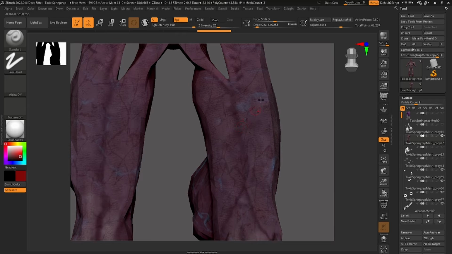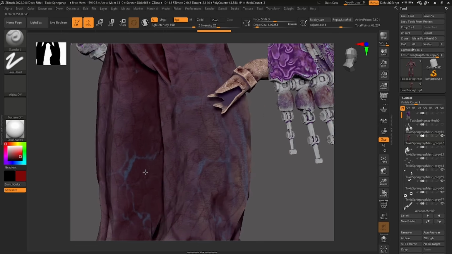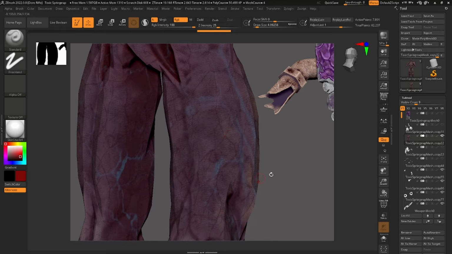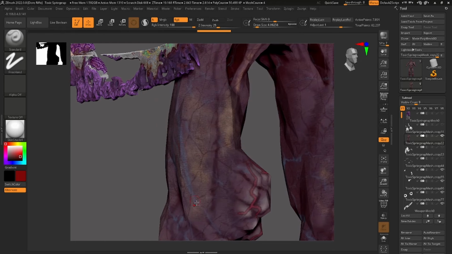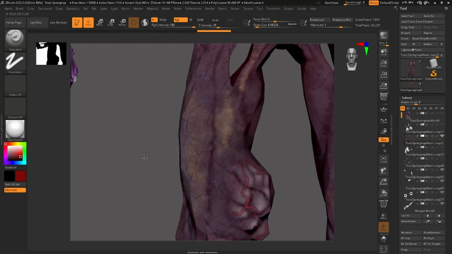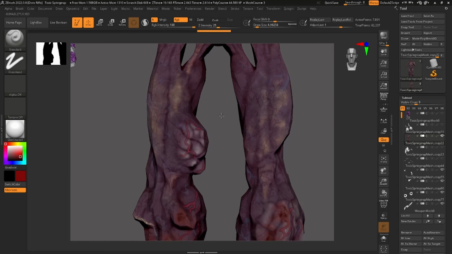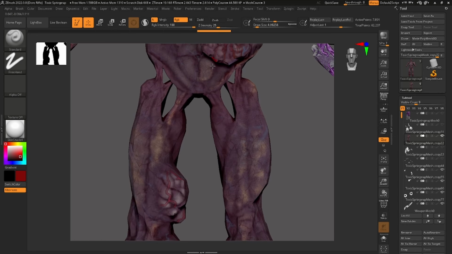I don't know if these are veins. They might be. They look kind of like veins, or like moldy, patchy skin. Anyone want to take a guess at that? Let me know in the comments.